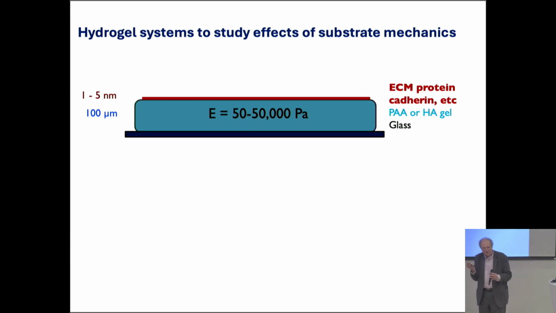People do it because it's very good for microscopy. You can see through the glass beautifully, the cell looks really nice, but the mechanical environment of a cell on glass is, from a mechanical point of view, extremely stressful. So the transcription profile of cells on glass has very little to do with the cell in the body.